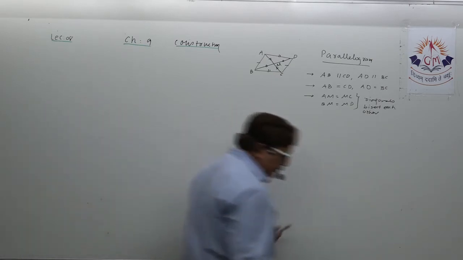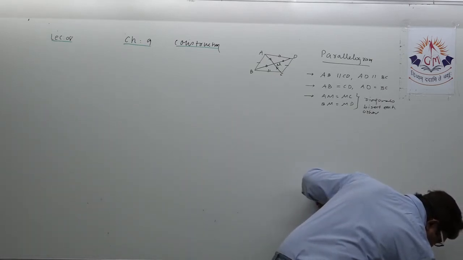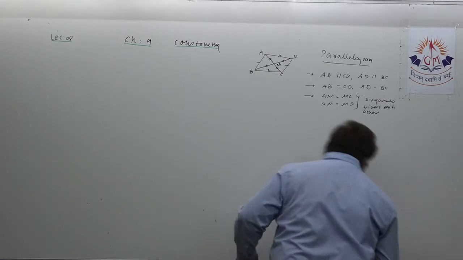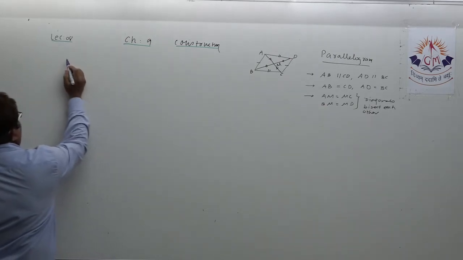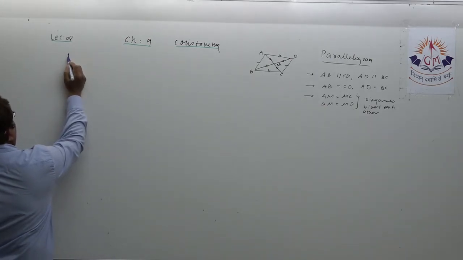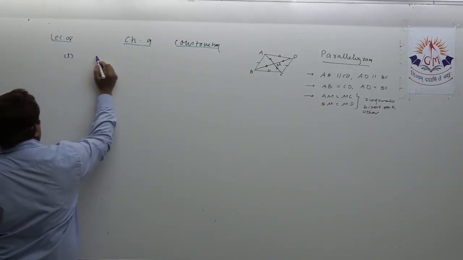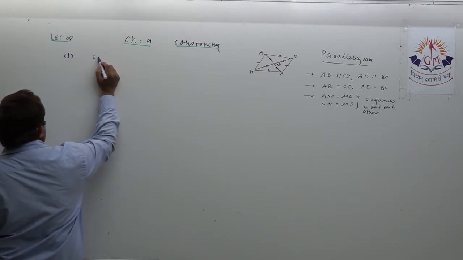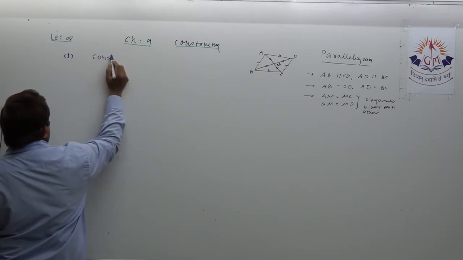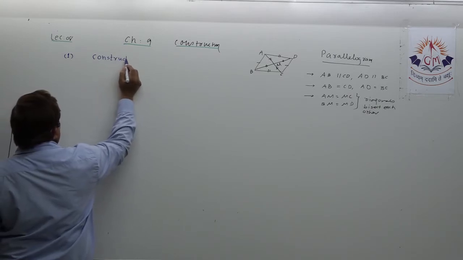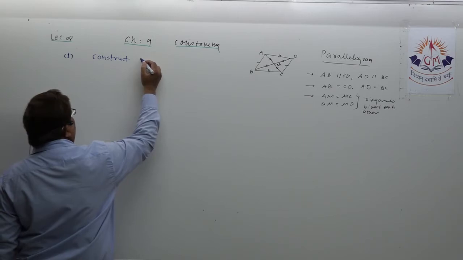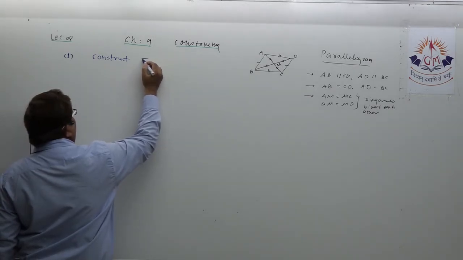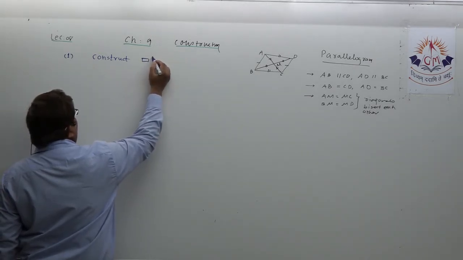Now let us write the first question. I am writing it here. Question number 1. Please note down with me. The question is this: construct parallelogram ABCD. I am not writing the full word for parallelogram; you can utilize this symbol.